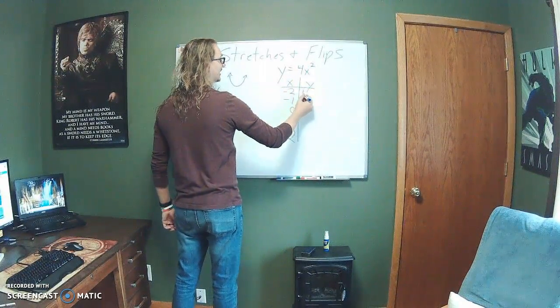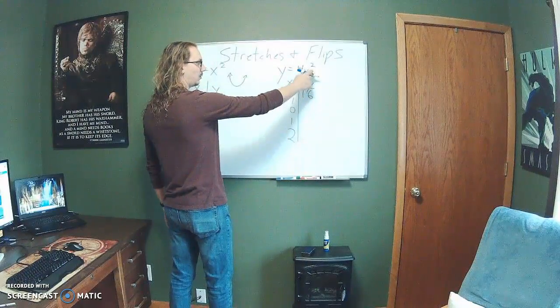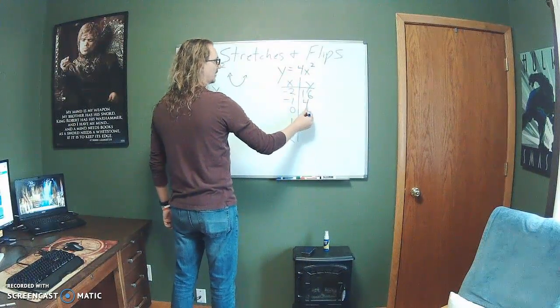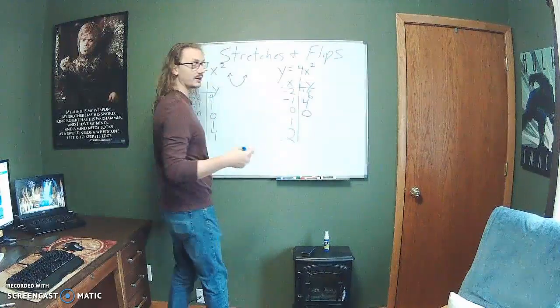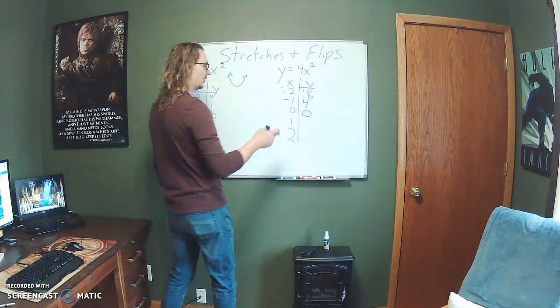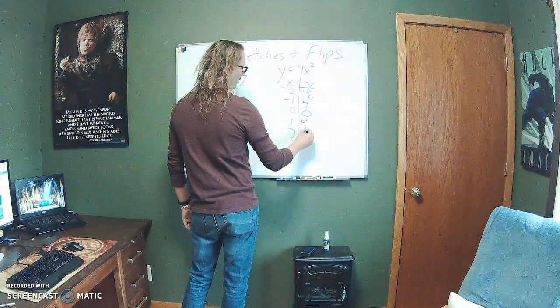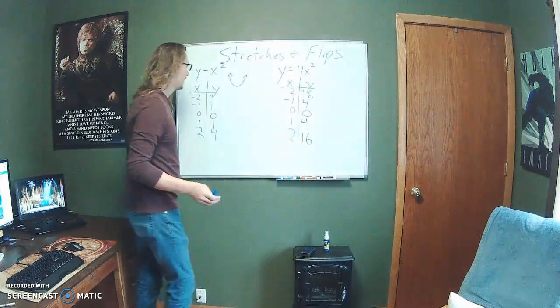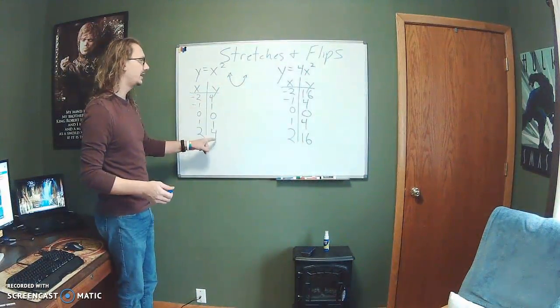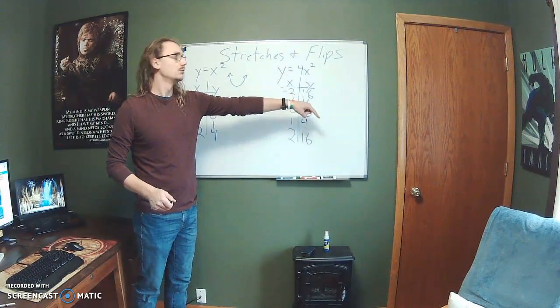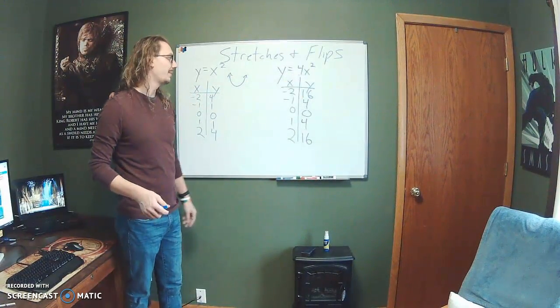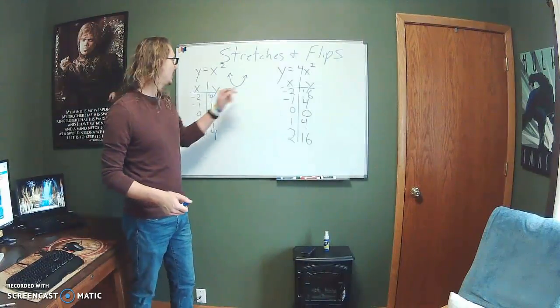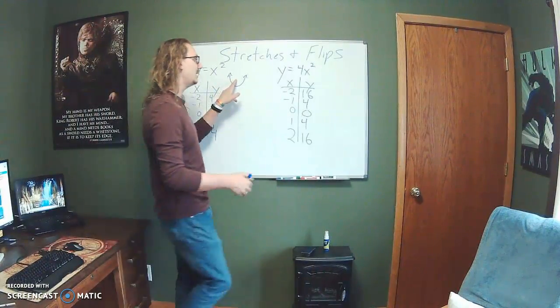Times 4 is 16. -1 squared is 1, times 4 is 4. 0 will still be a 0, 0 squared is 0. 0 times 4 is still 0. 1 squared, 4, and 2 gives 16. There we go. Notice that all of the values over here got multiplied by 4, which makes sense, because we multiplied the whole thing by 4. So at -2, instead of at 4, we're at 16.